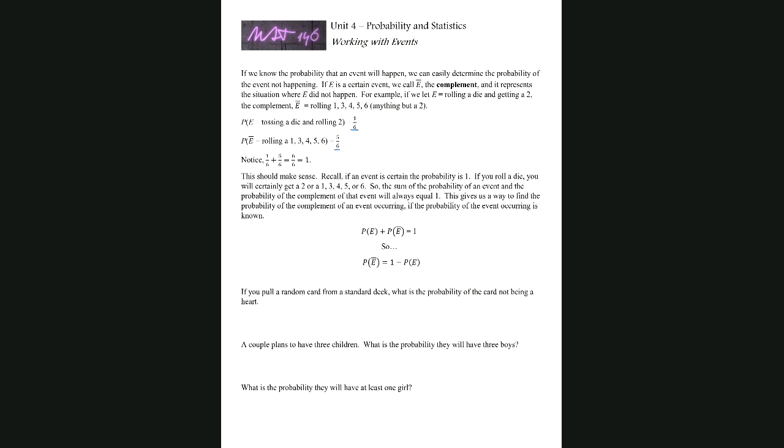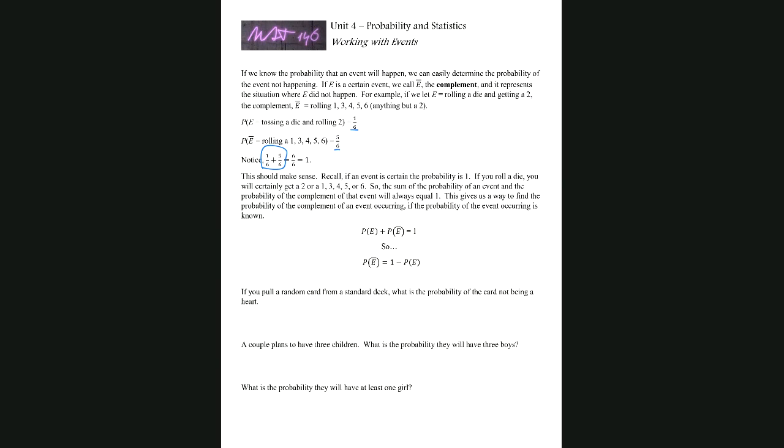If you'll notice, when we add the probability of an event to the probability of its complement, we get 1. And this should make sense because remember that if an event is certain, the probability is 1. So if you know something 100% is going to happen, the probability is 1. Well, if you roll a die, you will certainly get either a 2 or a 1, 3, 4, 5, or 6.